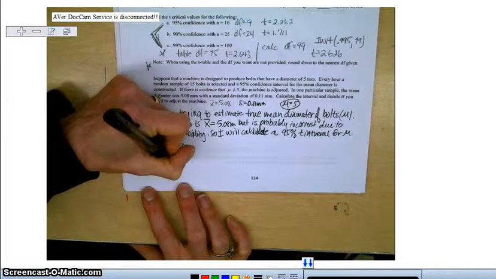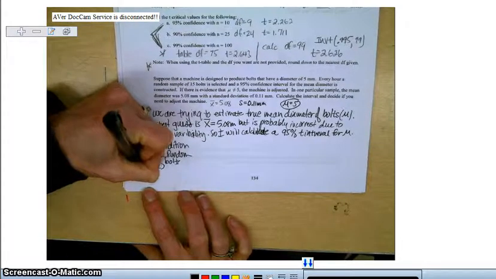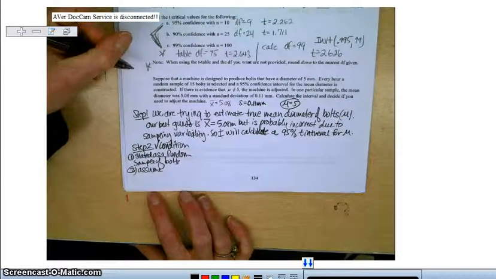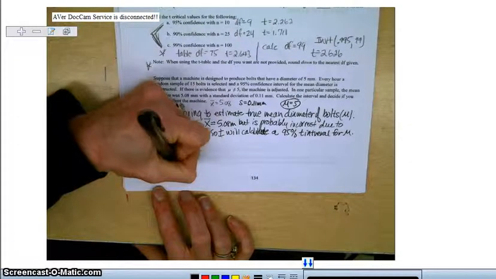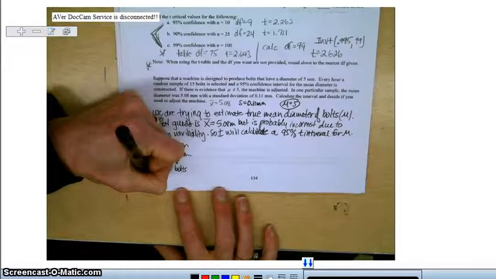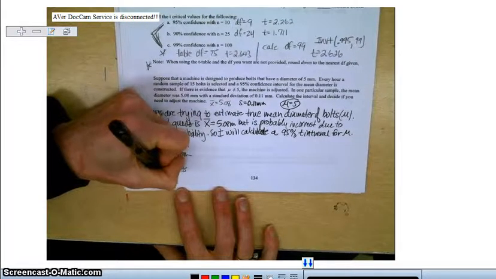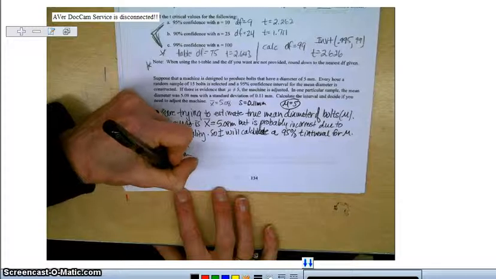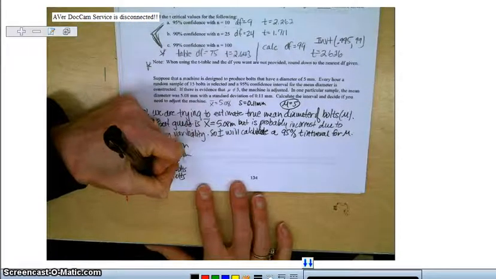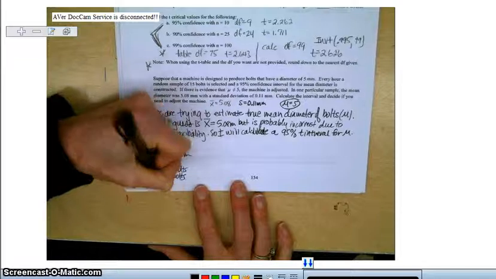Second, assume 15 bolts is less than 10% of all bolts. And third, large sample size. Is n greater than 30? No. n is not greater than 30.